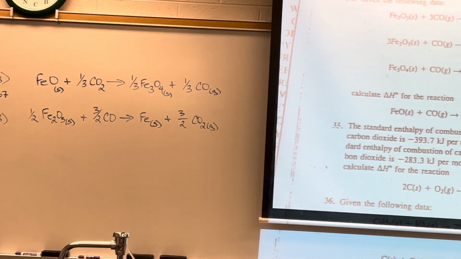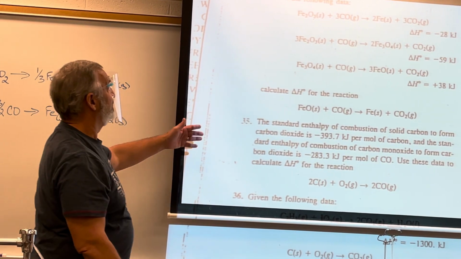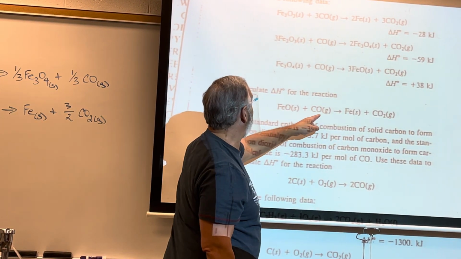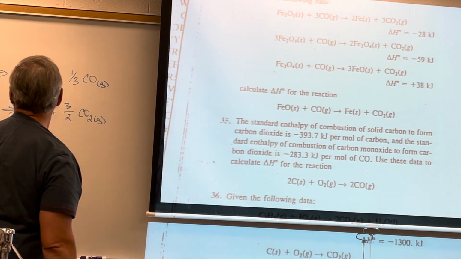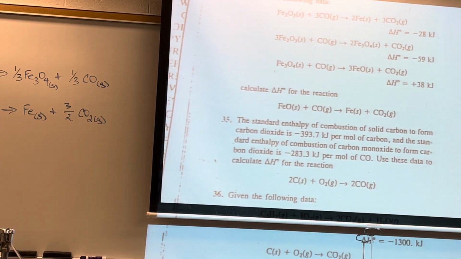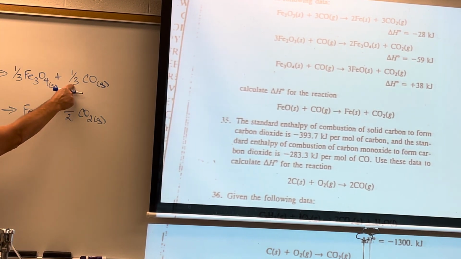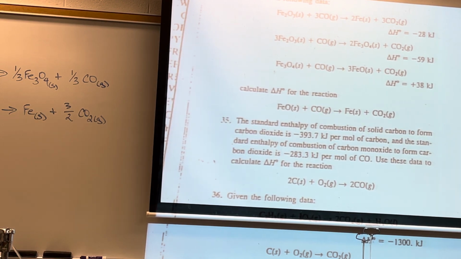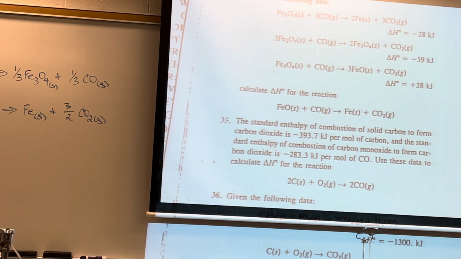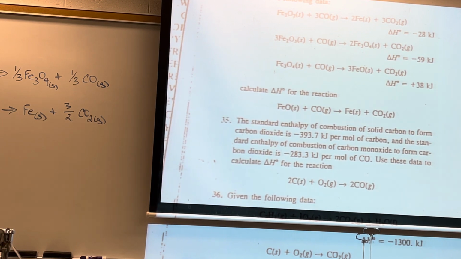I have to get only a CO on the left and a CO2 on the right. Right now, I have 3/2 and 1/3 CO. That's not going to cancel and make me 1. Do I need more or less? Less, right? Which means the CO is going to have to go onto the right-hand side.